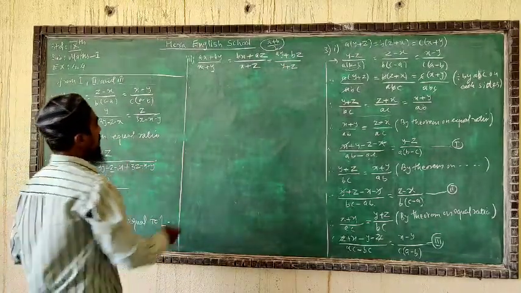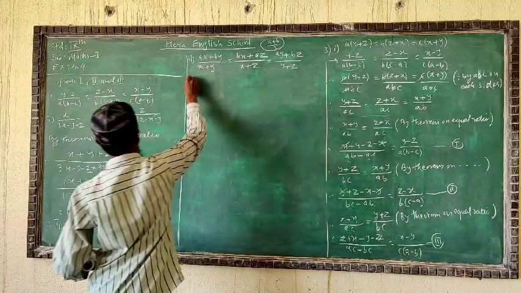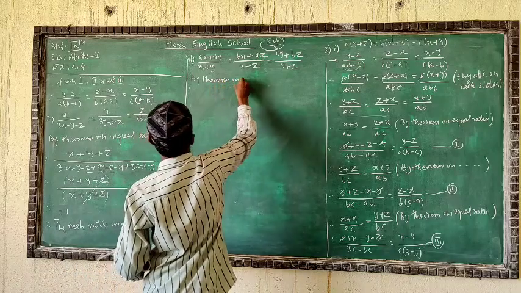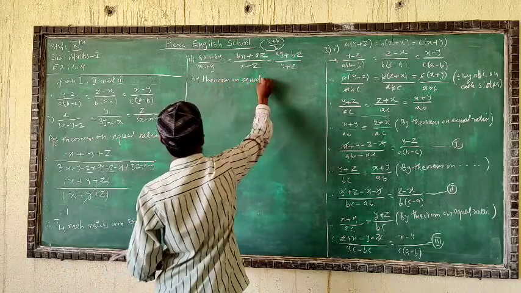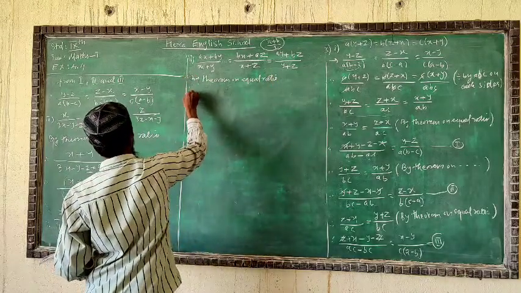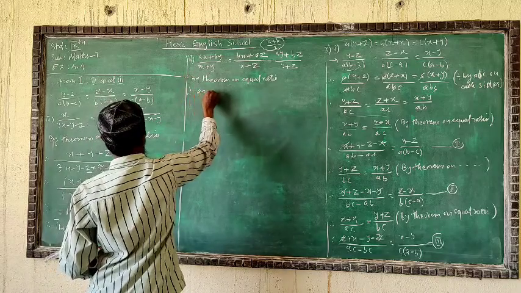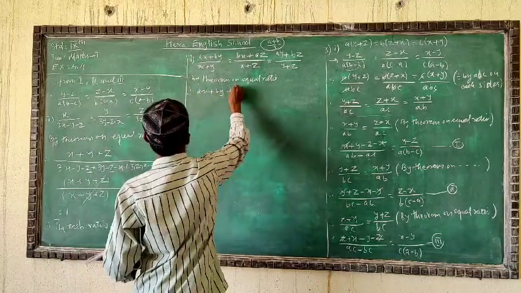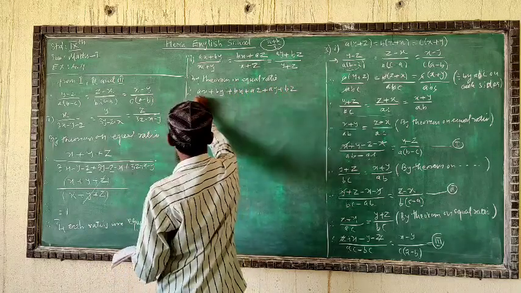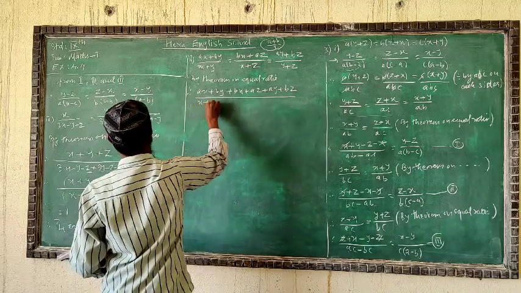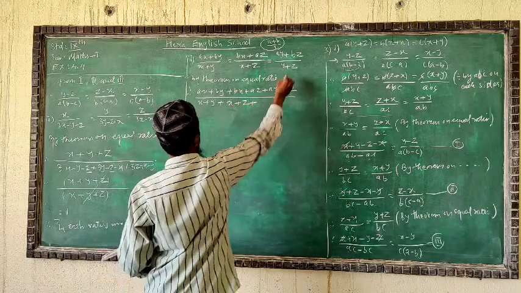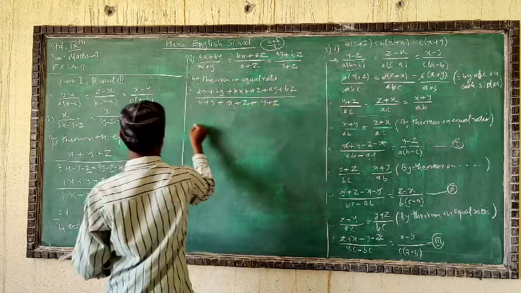So see very well the given fractions: by using the theorem on equal ratios, we'll add them. Apply this one. Now we'll add in the numerator ax plus by, bx plus az, and ay plus bz, upon the denominators x plus y, x plus z, and the last fraction y plus z.